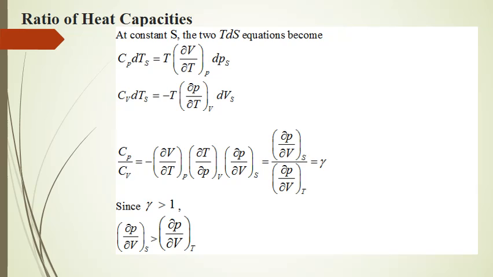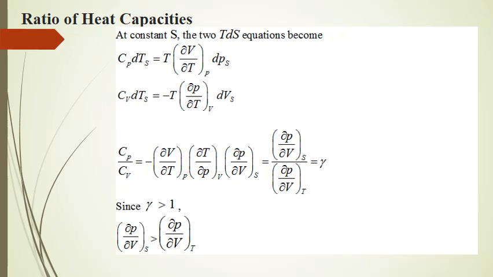Because in the numerator we are having the slope of an isentropic process. Now if this isentropic process is reversible, it will also be adiabatic. Similarly in the denominator we are having the slope of a reversible isothermal process.